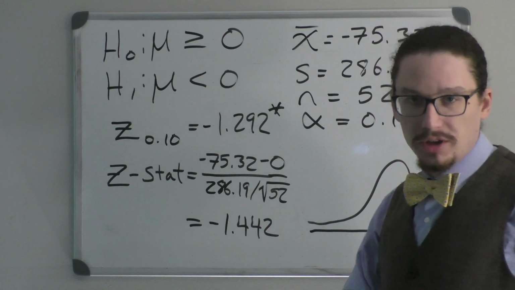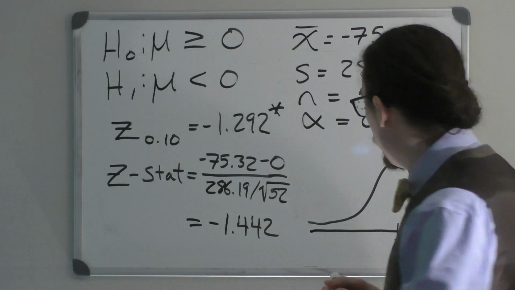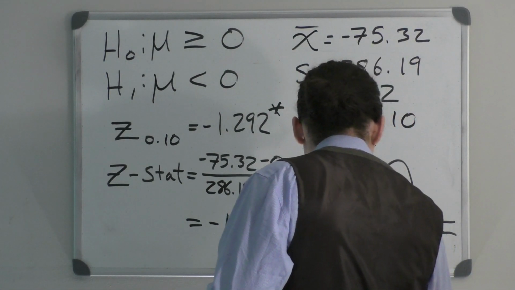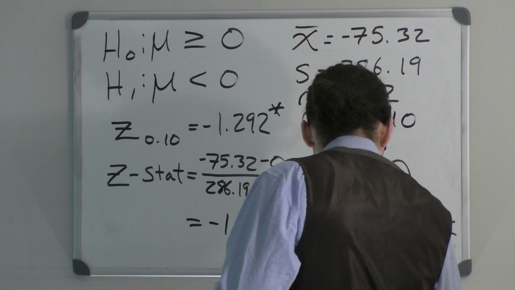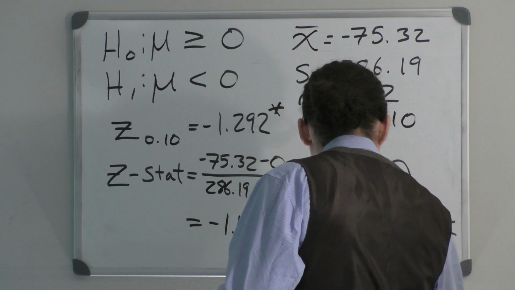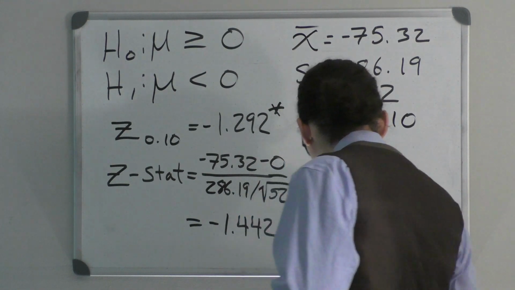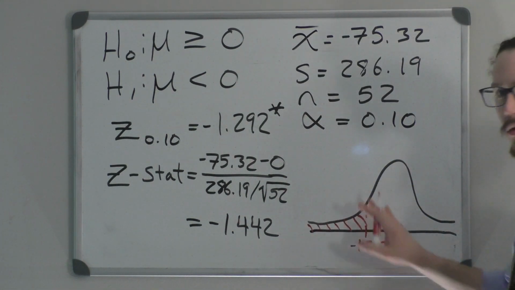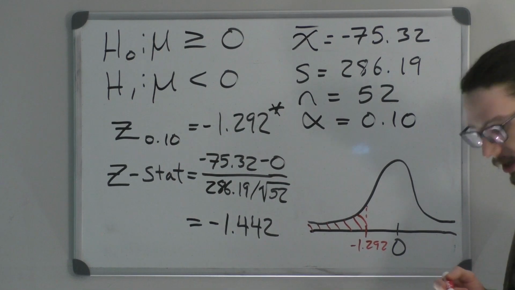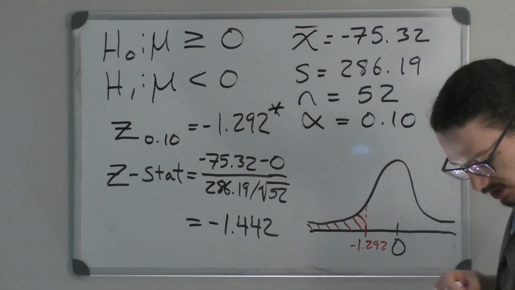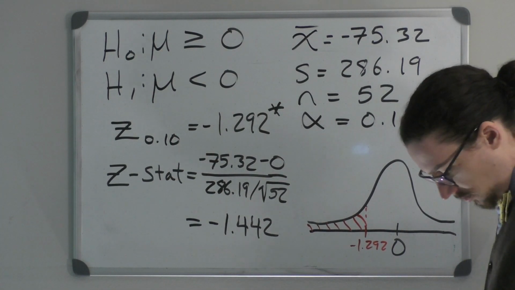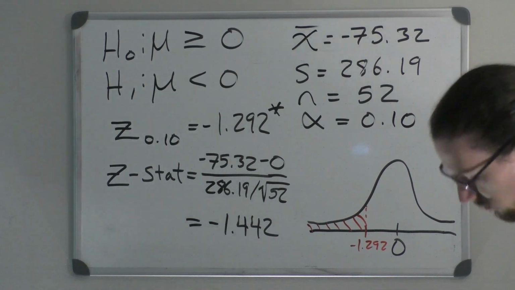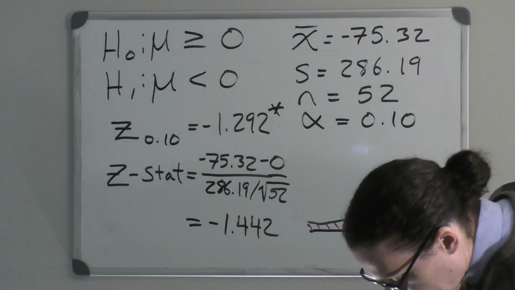All right, so in this case, we probably already see what's going to happen, but I'm going to draw out this distribution anyways. Then we would put down our critical value, right? So negative 1.292, that's going to define that rejection region.